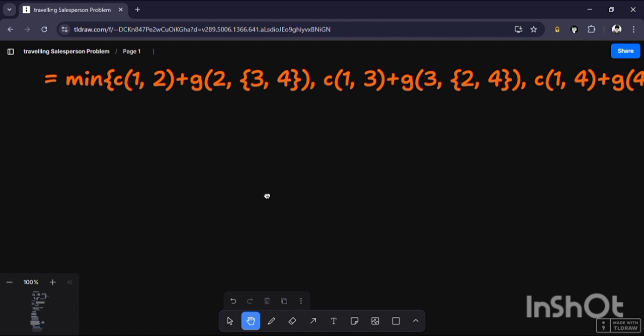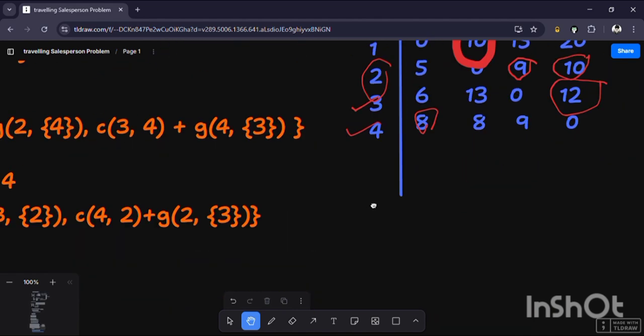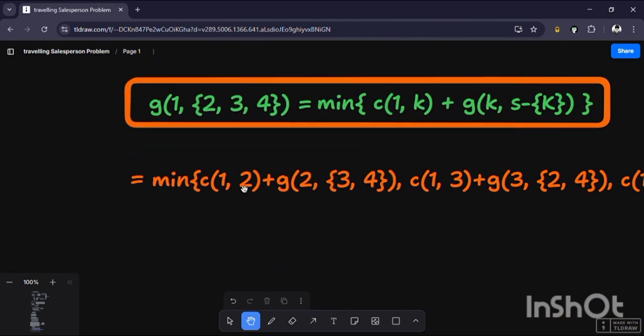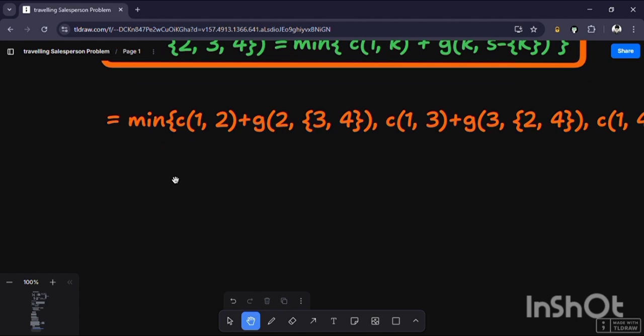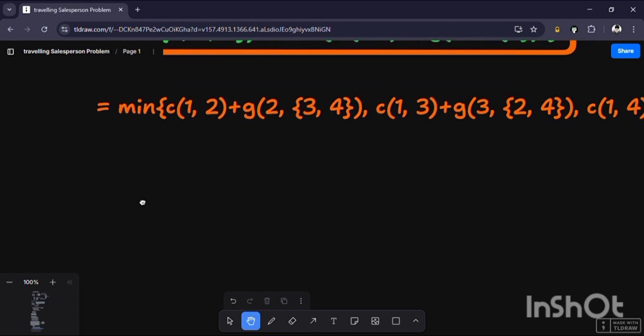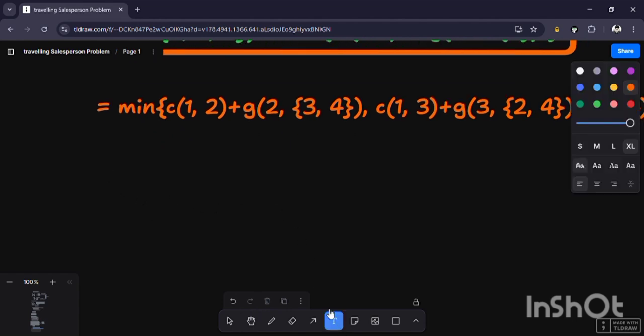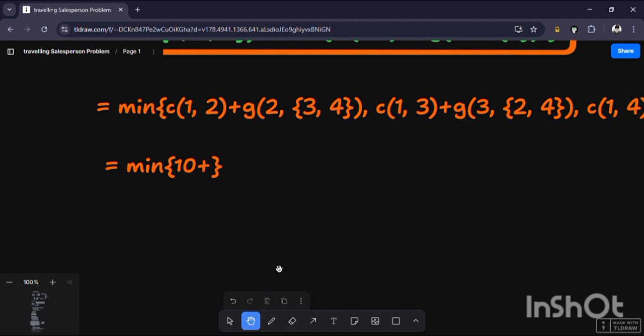So what is cost of 1 comma 2? The cost of 1 comma 2, let me write here, minimum. What is cost of 1 comma 2? That is 10, plus g of this value, g of 2 comma 3 comma 4. We have calculated this g of 2 comma 3 comma 4.